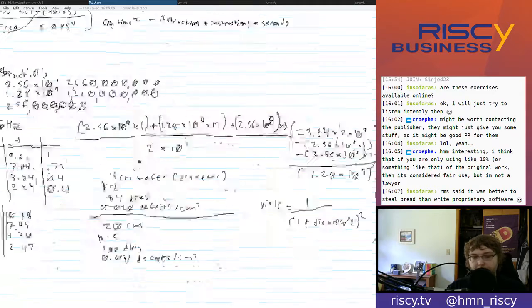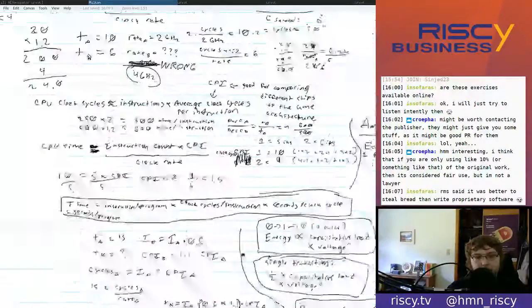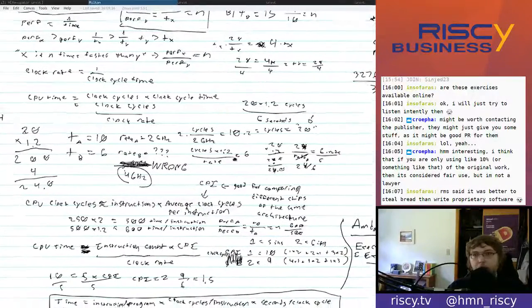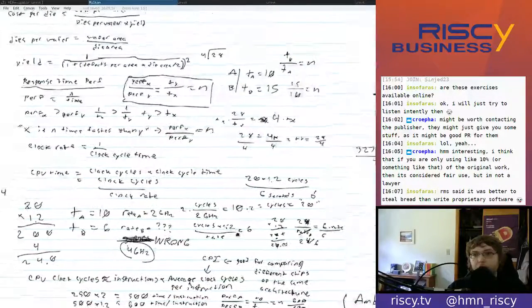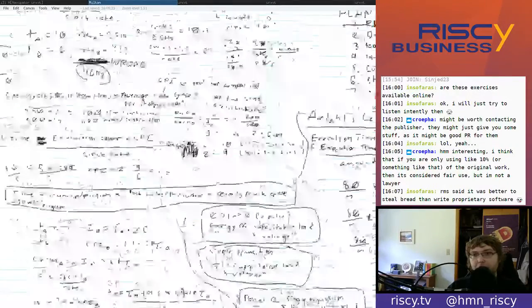So let me just double check that. Where was yield? Oh, defects per area times die area.